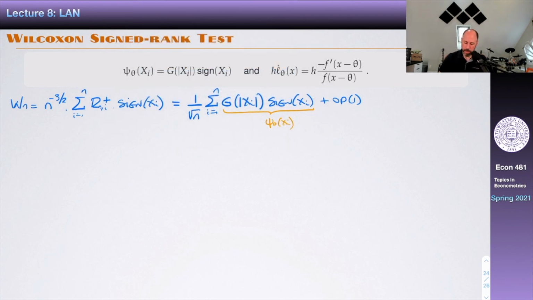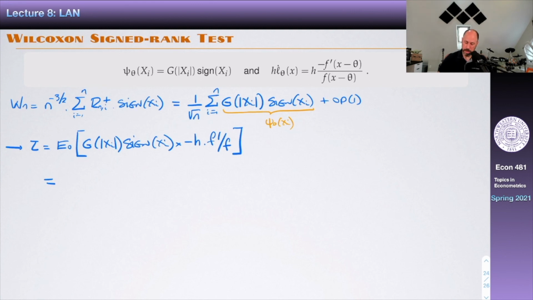And so if we want to compute tau, it is the expected value under the null of the influence function, g of the absolute value of X_i times the sign of X_i, times negative h and the score f prime divided by f. Let me take h out. And I'm going to use that g of the absolute value of x is just 2 times F minus 1.